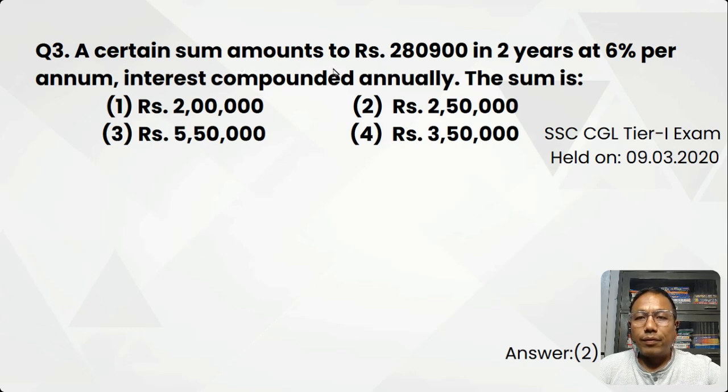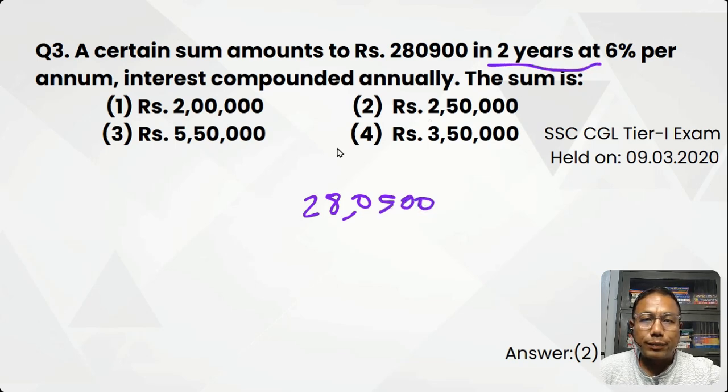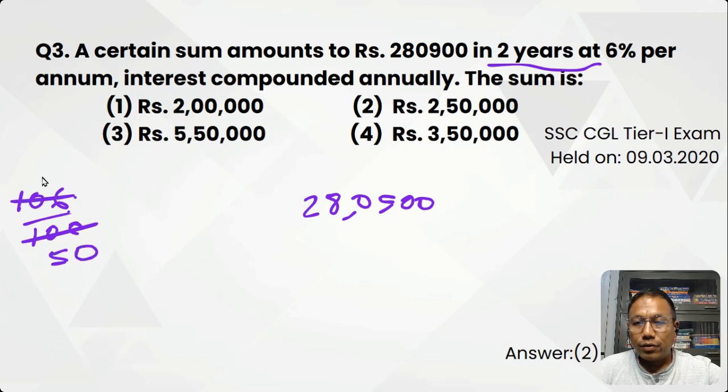A certain sum amounts to 28 lakhs 900 in 2 years at 6% per annum. 6% more means 106 by 100. Cancel this. 2 5s are 10, 2 3s are 6. Interest compounded annually. A certain sum amounts to this.